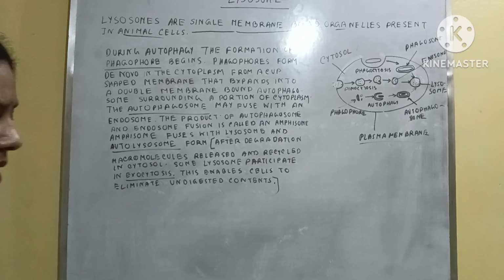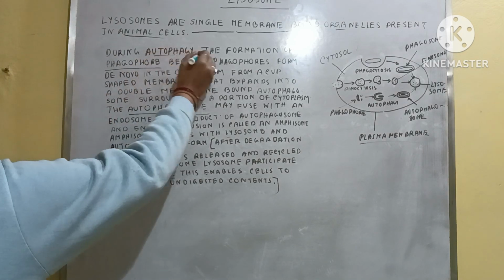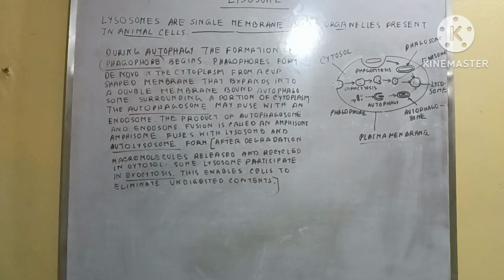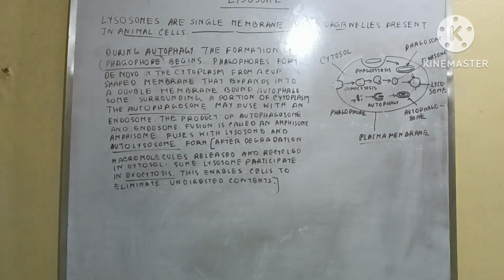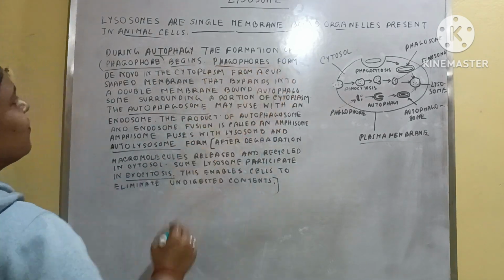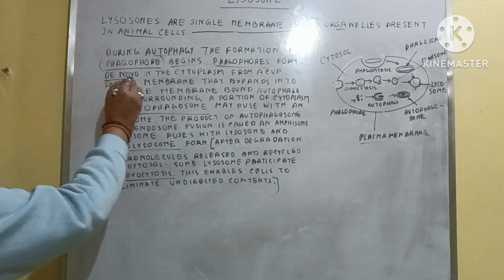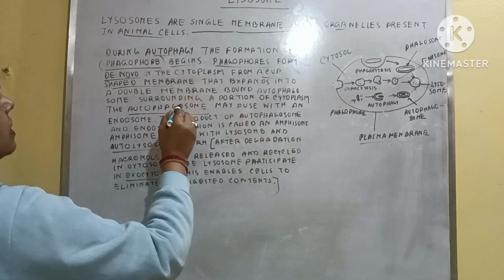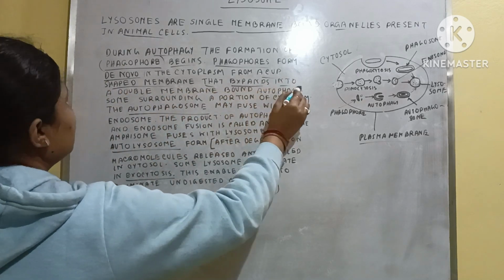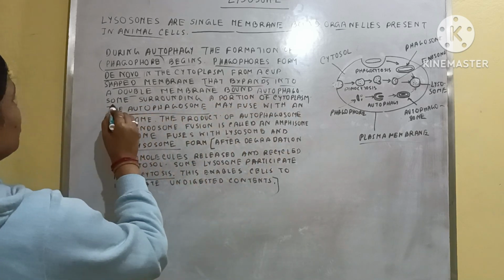So in case of autophagy, the formation of the phagophore is seen. During autophagy, the phagophore begins to form within the cytoplasm de novo, from a cup-shaped membrane that expands into a double membrane bound autophagosome.